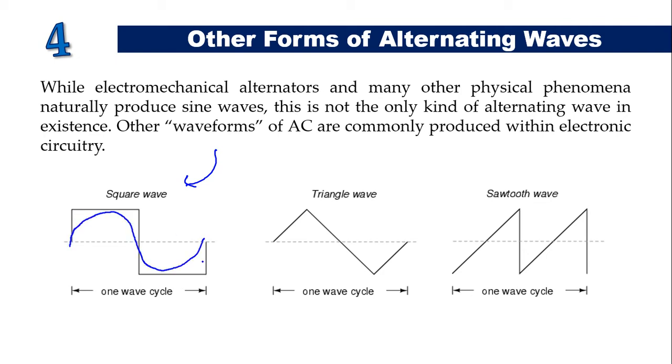So, katulad ng sa sine wave, parang ganun din lang siya. Nag-iba lang yung kanilang itsura, no? Yung pinaka-waveform. Pero meron pa rin silang cycle or hertz. Okay. Then next we have the triangle wave. Okay.